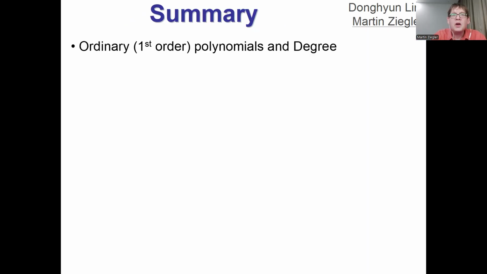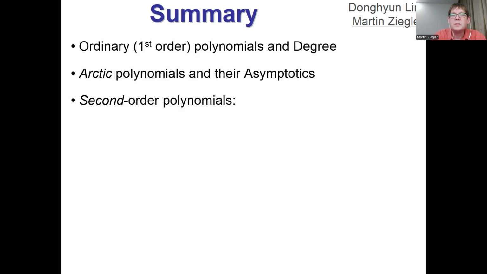We've talked about first order polynomials and their degree, giving various equivalent definitions, in particular based on structural induction, which turned out to be well-defined. Then we talked about Arctic polynomials, which asymptotically coincide with ordinary polynomials.